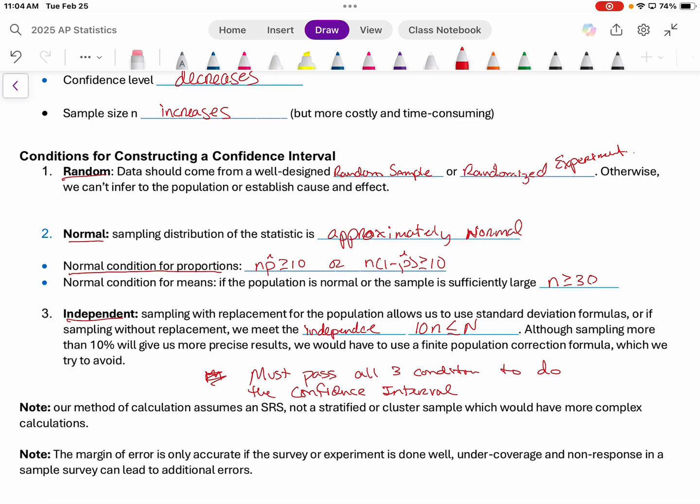Again, if we fail one, we stop. Our methods of calculation assume a simple random sample, not a stratified or clustered sample. We know stratified and cluster samples were more specific examples of random samples. However, we're not going to be doing calculations based off of that material.